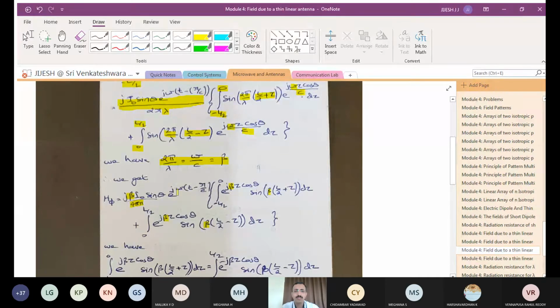You have changed it in place of lambda, and you write it as 2 pi by beta. So that's the small change that has come here. It's just replacing the components 2 pi by lambda or omega by c as beta. All of you might have completed it.